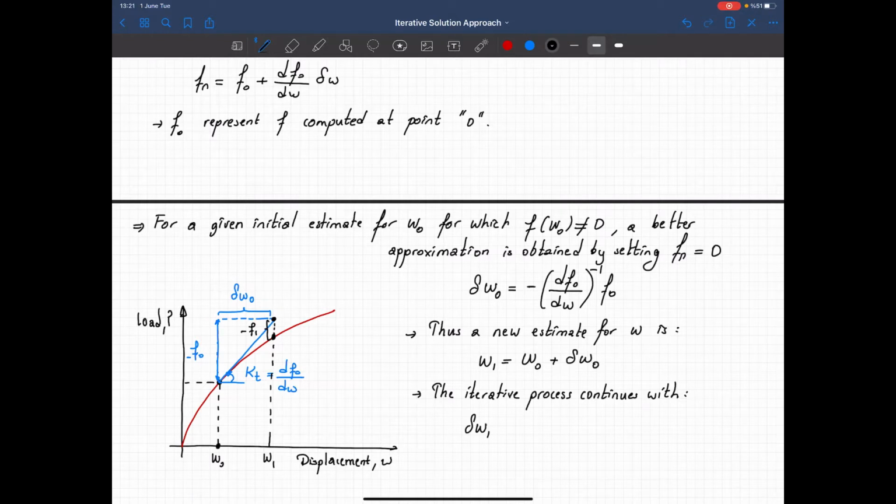So new displacement estimate is equal to, now we will be using the slope at this point. Now I have this slope now, and it's equal to, again we have the tangent stiffness, then we will be using minus df1 over dw.